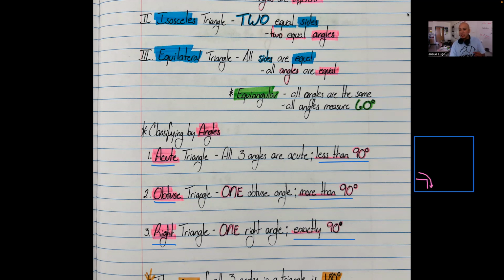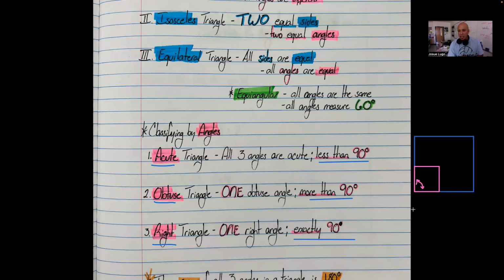And notice that it doesn't matter how big or small. Let's say I draw a smaller rectangle right inside of it, notice that it's still open the exact same amount. That is still 90 degrees. So it matters not how big or small the shape is, it's how open. Think of it as a door, okay?